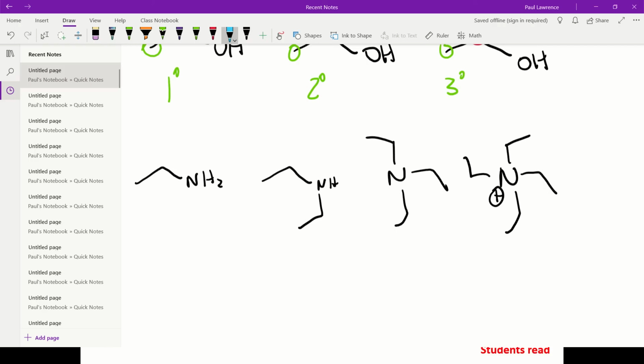So when naming amines, what you do is you just count how many carbons are directly attached to the nitrogen. So we see that there's only 1 carbon and then 2 hydrogens. So since it's only 1 carbon, that's primary. In this one, there's 2 carbons directly attached to the nitrogen, so that's secondary. Tertiary, and quaternary. You need to be able to see that.